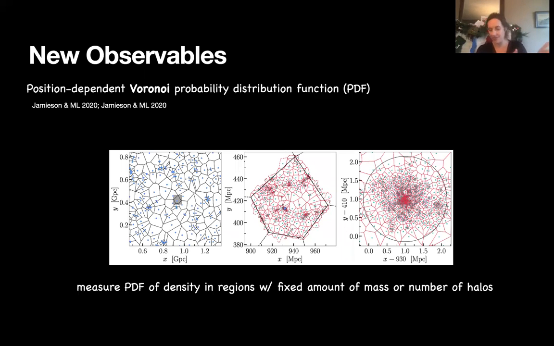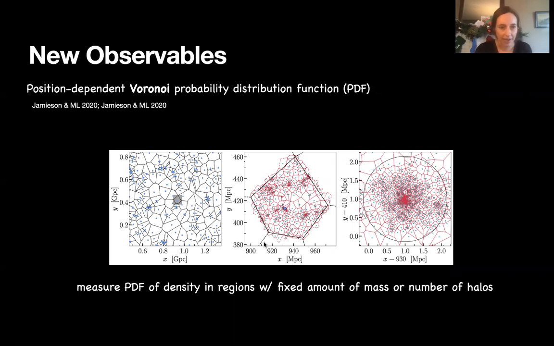They're all the same volume size, but they have different amounts of mass in them, and so we measure different densities. You could do something complementary to that, which is instead measure the density field in regions of unequal volume, but fixed amount of mass or fixed amount of halos. And this is done using what's called a Voronoi tessellation.